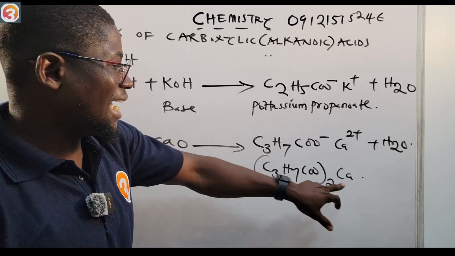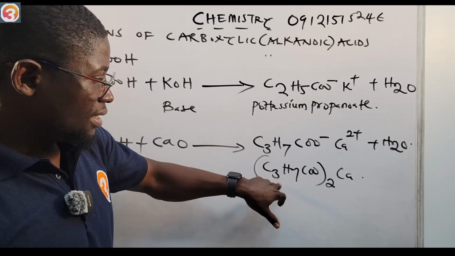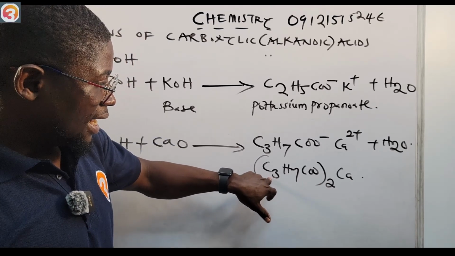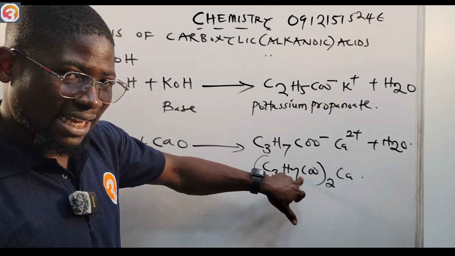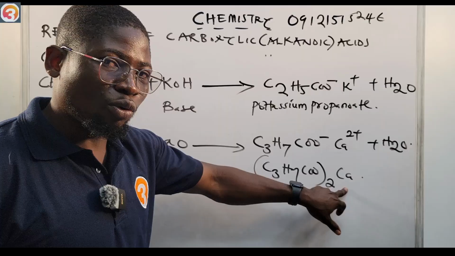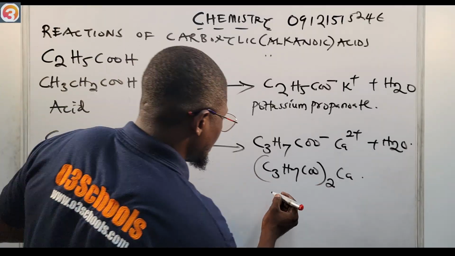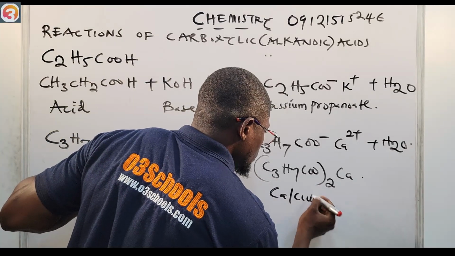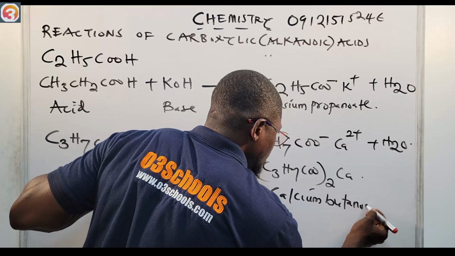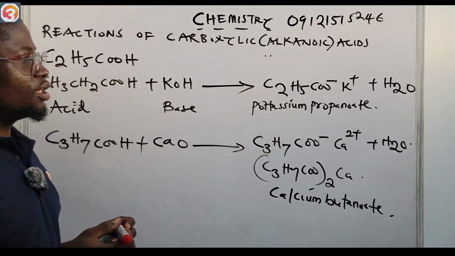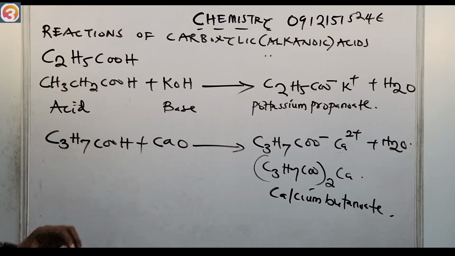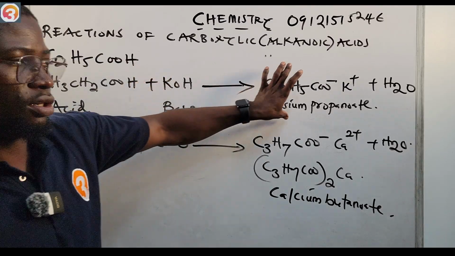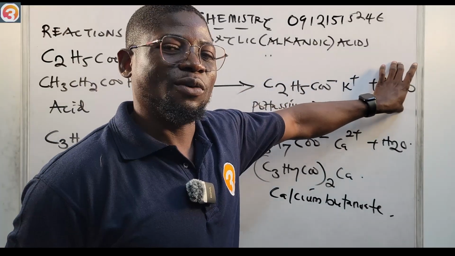How many carbon atoms are here? C3 plus this one, that is C4. So this is called calcium butanoate, that is formed here. So this is a carboxylic acid reacting with the base to give us a salt and water as product.